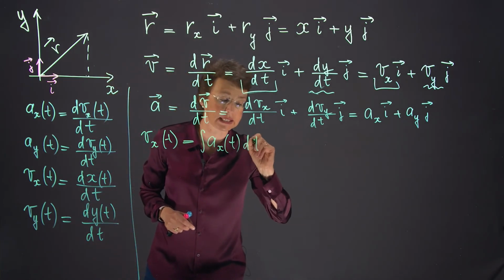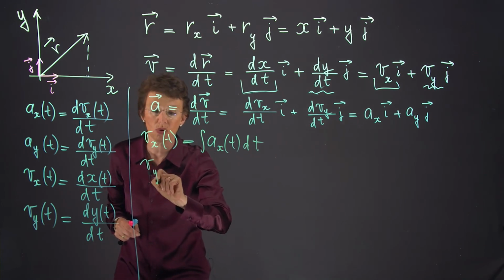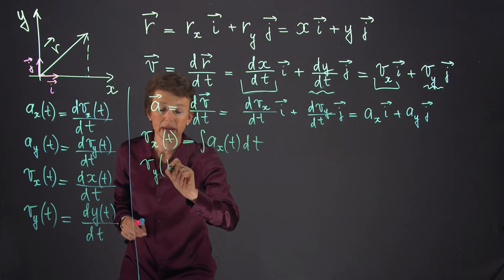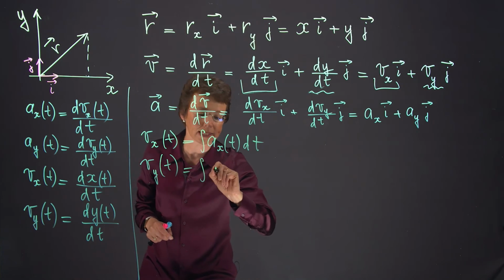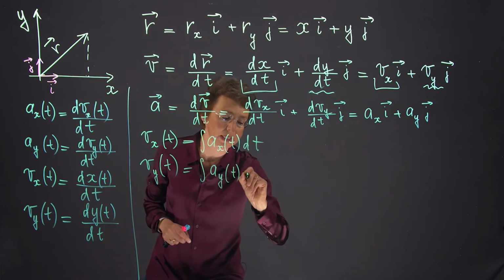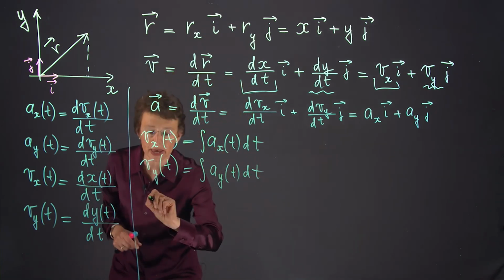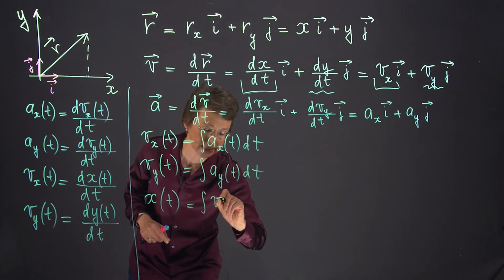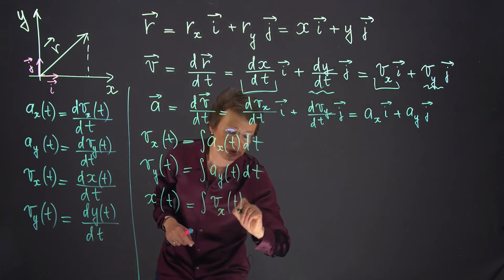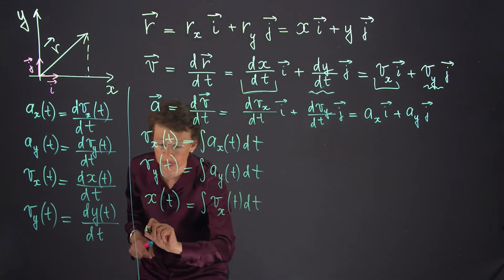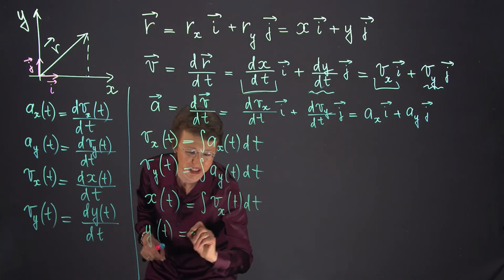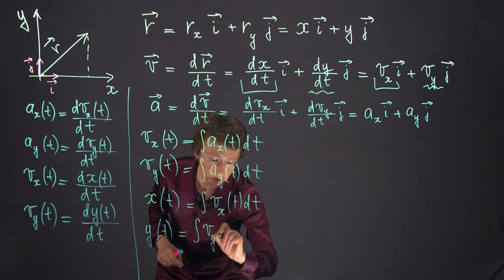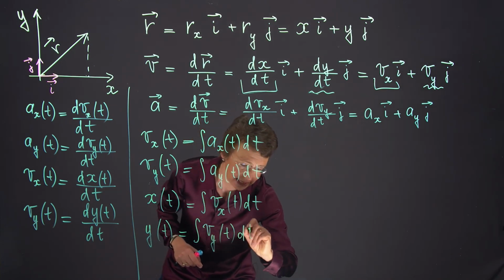I'm just writing all these formulas in one place. Vy of t is the integral of ay of t dt. And then we have the x component of position as the integral of vx as a function of time dt, and then the y component of position as the integral of vy of t dt.